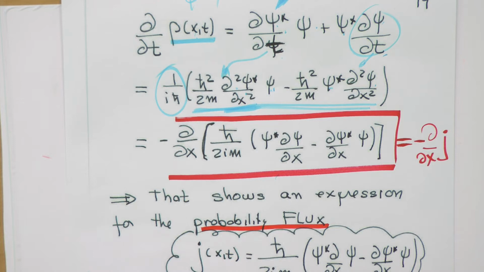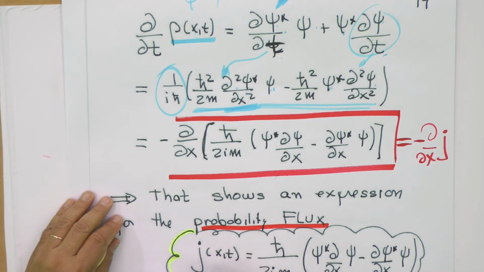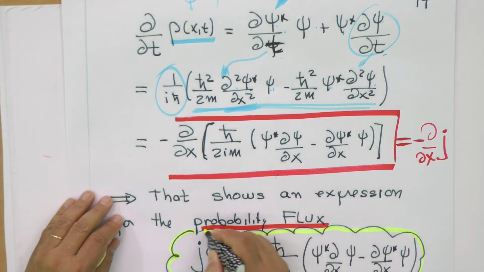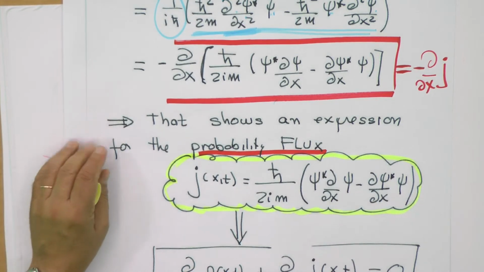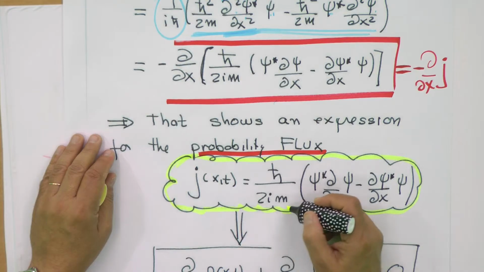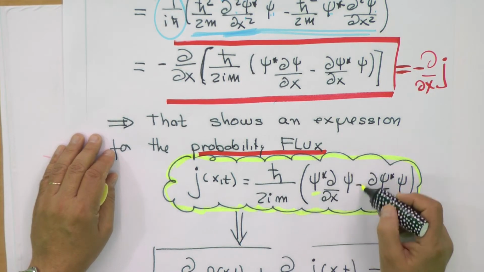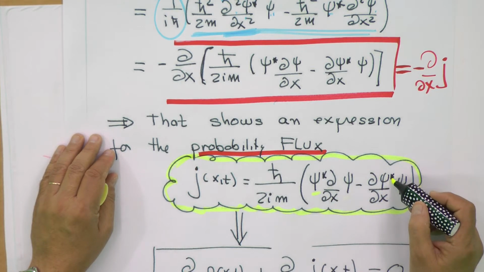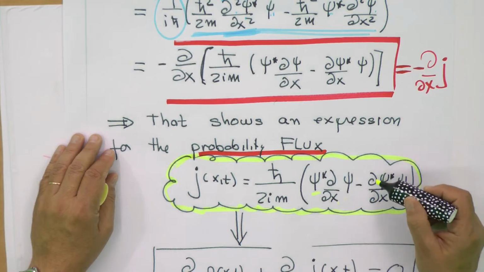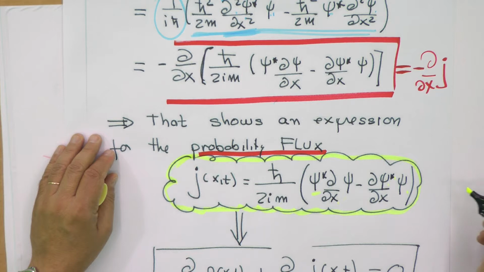And what is this flux of probability? It is this nice quantity. When I have a particle represented by a wave function, the flux of probability is h bar divided by 2im times psi star times the spatial derivative of psi, minus the spatial derivative of psi star times psi.